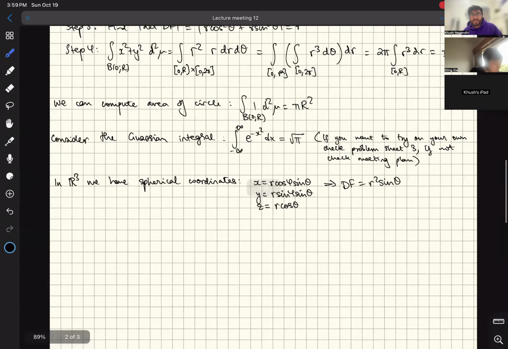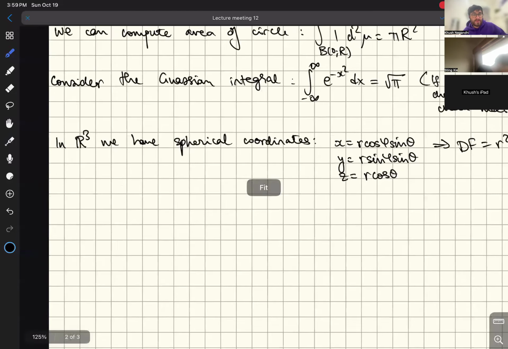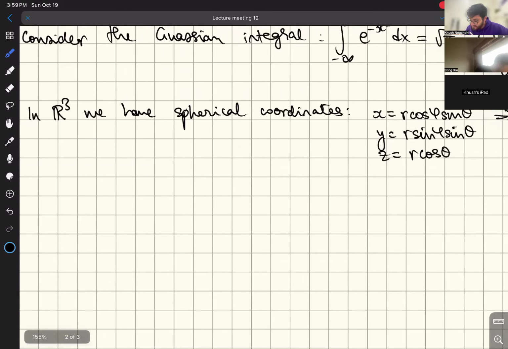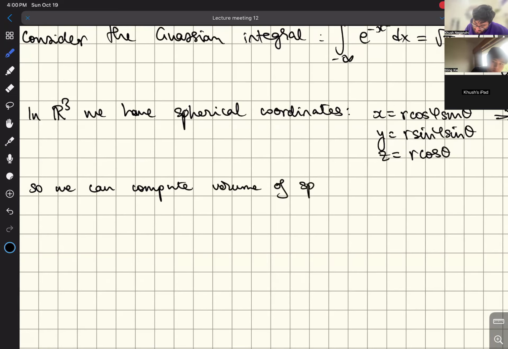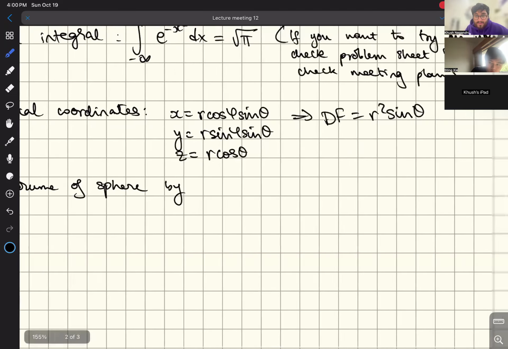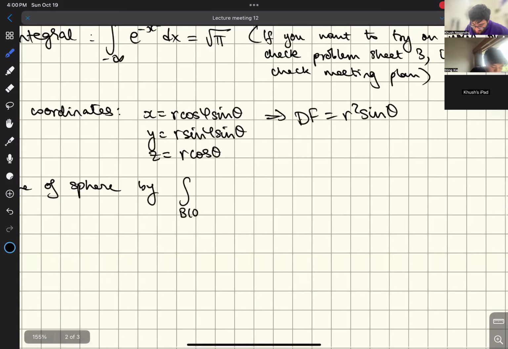And then you can use this to compute the volume of a sphere, by integrating over the ball of radius 1, or radius r if you want to be more specific, times 1 times this.